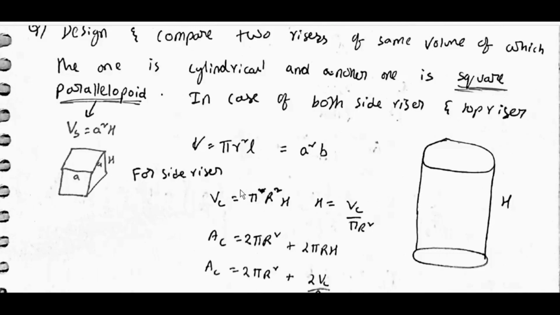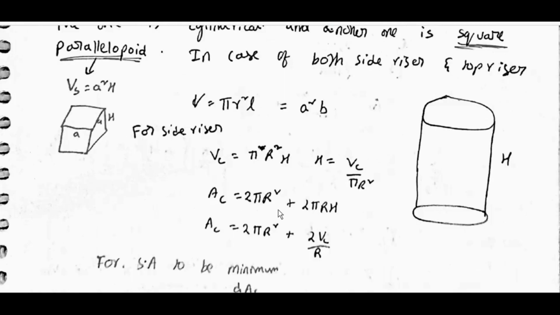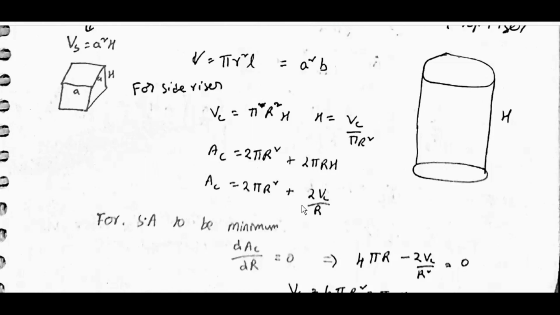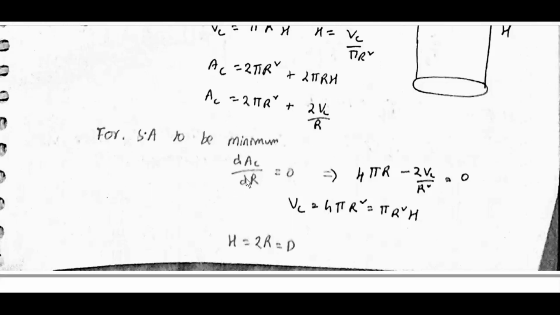Vc is equal to pi r square h, so h is equal to Vc by pi r square. Ac is equal to 2 pi r square plus 2 pi r h, so Ac is equal to 2 pi r square plus 2 Vc by r. For surface area to be minimum, dAc by dr is equal to 0.